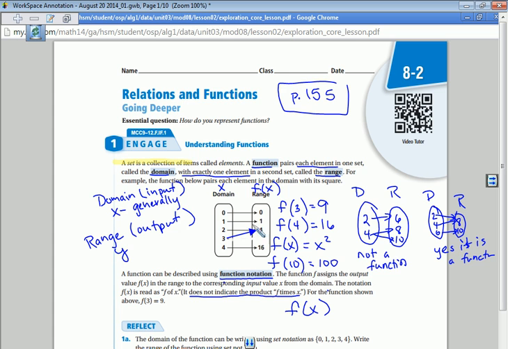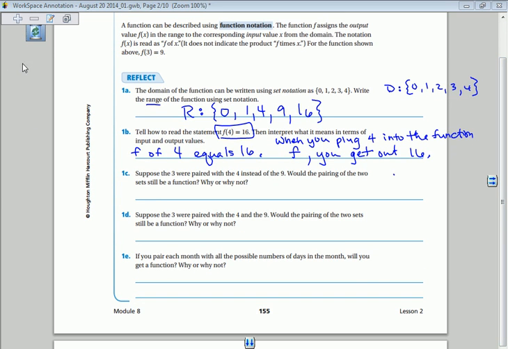Alright, if this scenario happened, is this relation still a function? Yes. Would this still be a function?